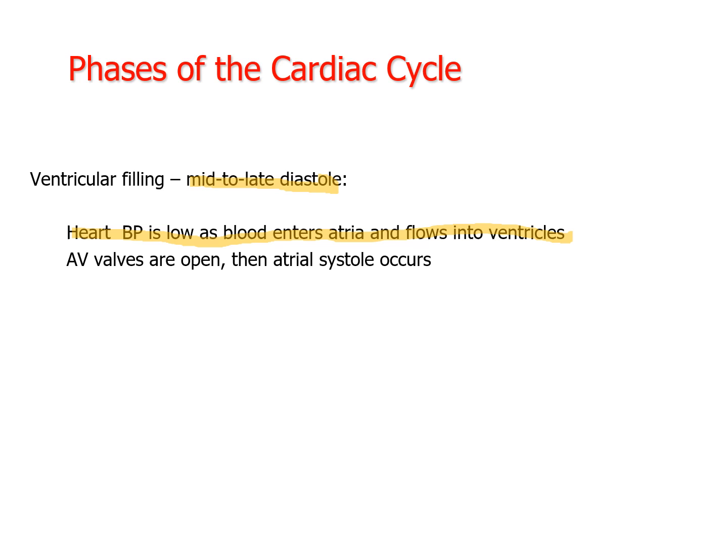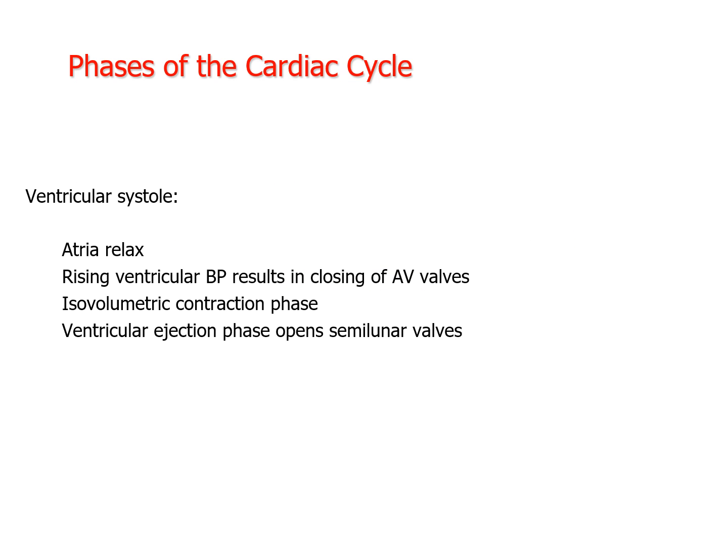Then atrial systole, contraction of the atria, occurs because of the signal initiated at the SA node. Following that, the atria relax, and you start getting a rise in the ventricular BP because of ventricular systole, and that results in closing of the AV valves.